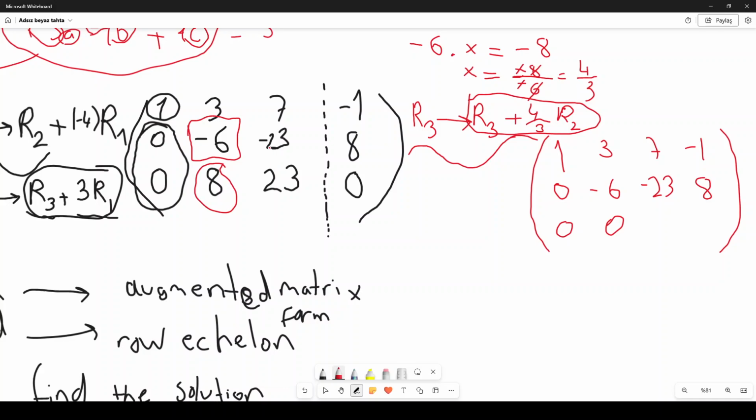And here we got what? Minus 92 over 3 plus 23, right? And if we equalize the denominators, this is 69, right?